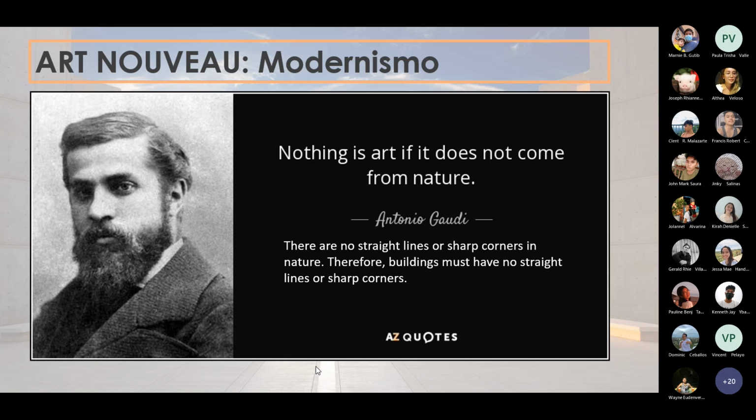He was such a nature lover, which you can see in his design. And another quote by Gaudi is, the straight line belongs to man, the curved line belongs to God. That means all works of Gaudi are designed in a way for God.